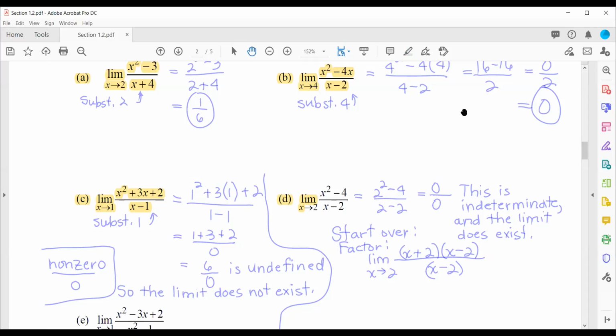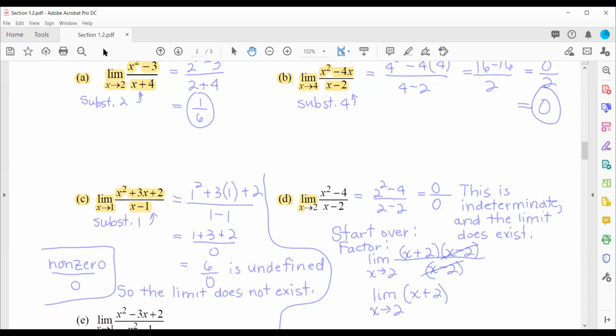But notice x squared minus 4, that's in the factoring world, what we call a difference of two squares. It factors as x plus 2 times x minus 2. And then I can divide out the x minus 2. So my original function is reduced to x plus 2.